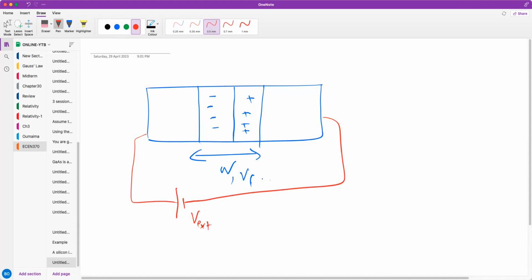What happens if I apply external potential in the forward bias mode, like the one we did with the Schottky, or in the reverse bias? So what happens to XP, Xn, the width, the capacitance, and the electric field of the depletion region? This is what is remaining. Because remember, the PN junction is used in electric circuits with external potential difference.